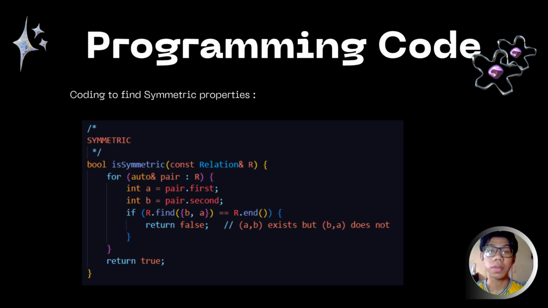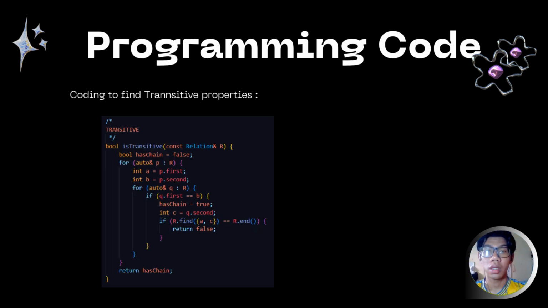Inside the loop, we split the pair into its coordinates A and B. Then we use r.find to search for the reverse pair B, A. If it hits r.end, that means the reverse pair doesn't exist. At the moment we find even one missing partner, the function instantly returns false and stops. But if the loop finishes and everyone has a match, we return true.